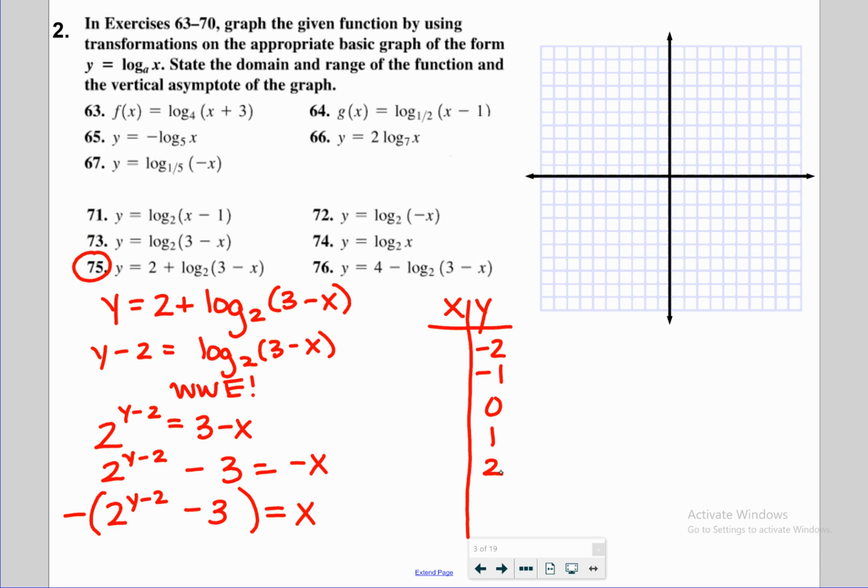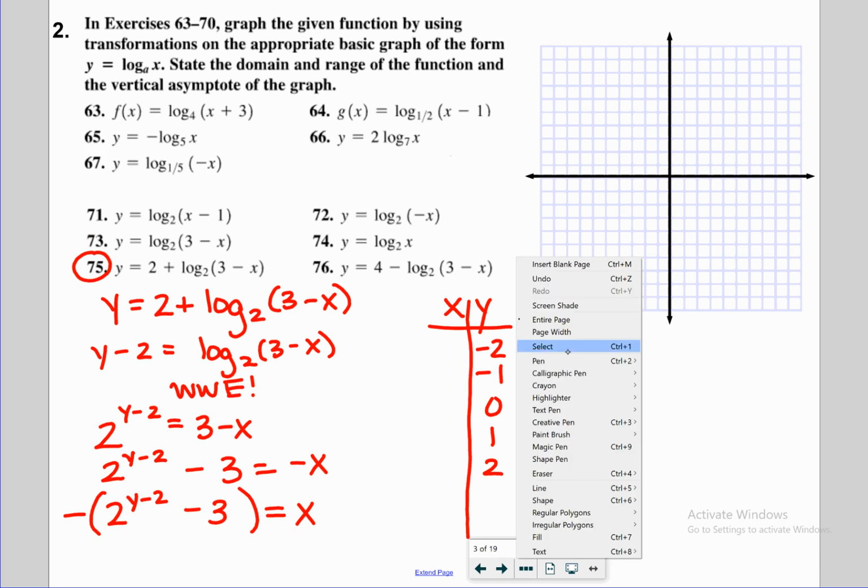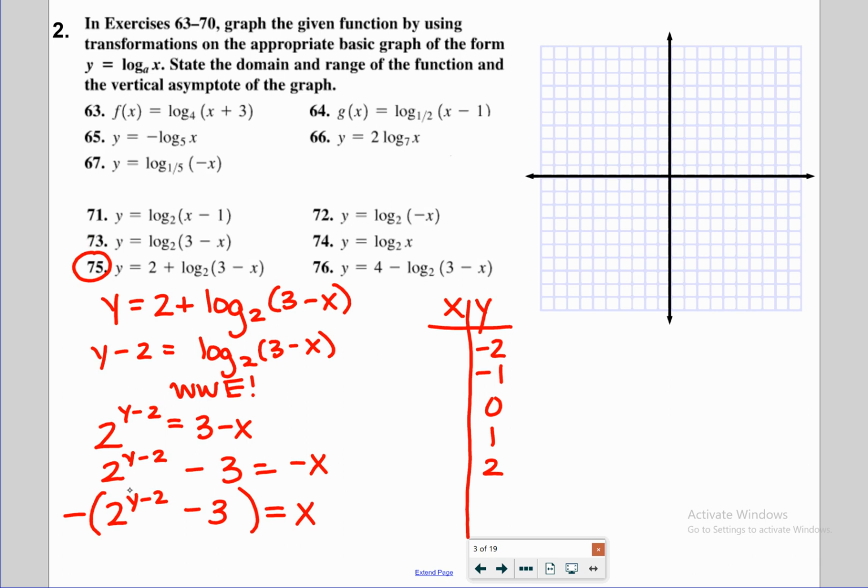So 2 to the, in the red calculator, you might want to put an extra parentheses around your exponent just to be safe. So it's going to be -2 minus 2, or you could just type in -4. Okay. And that parentheses, minus 3. And the negative out front will switch the sign. So I get 2.9375.